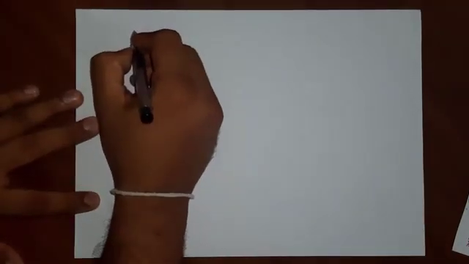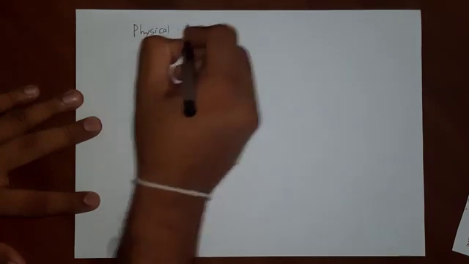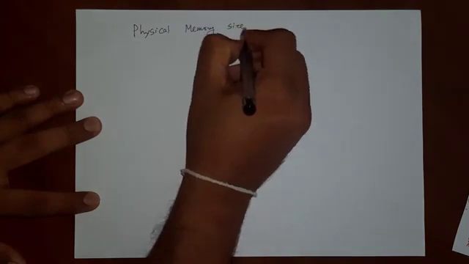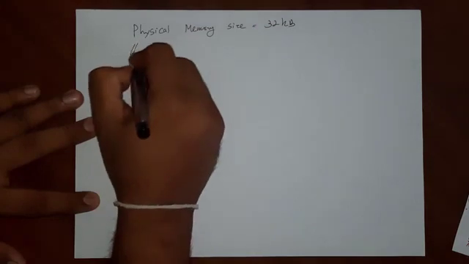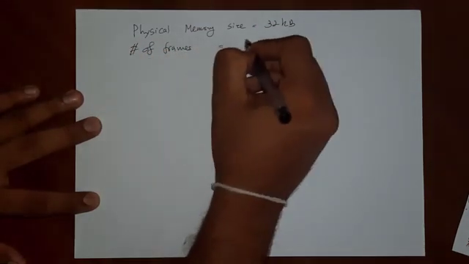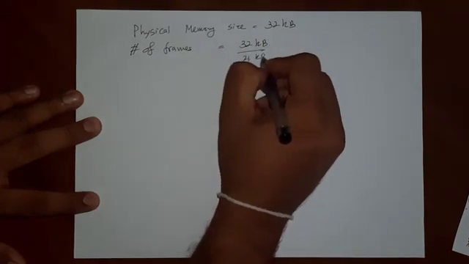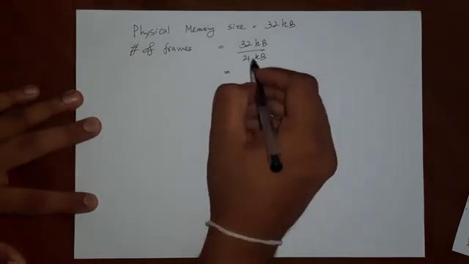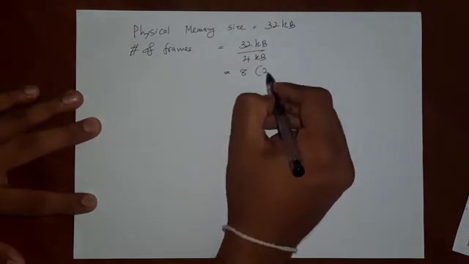The physical memory. Physical memory size is 32 kilobytes. Number of frames: 32 kilobytes divided by 4 kilobytes, it's 8. 8 means 2 to the power 3.